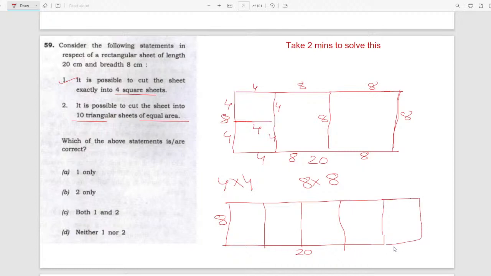The whole thing is 20, and each side divided by 5 is 4 centimeters. So the total length is 20 centimeters itself. Now I'll draw a diagonal.